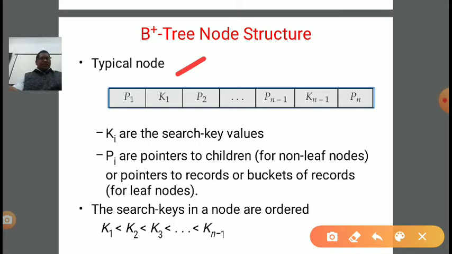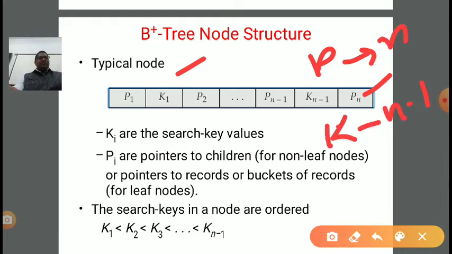In this typical node structure, there are P1, K1, P2, K2, up to Pn minus 1, Kn minus 1, and then Pn. So the P entries are n and the K entries are n minus 1.